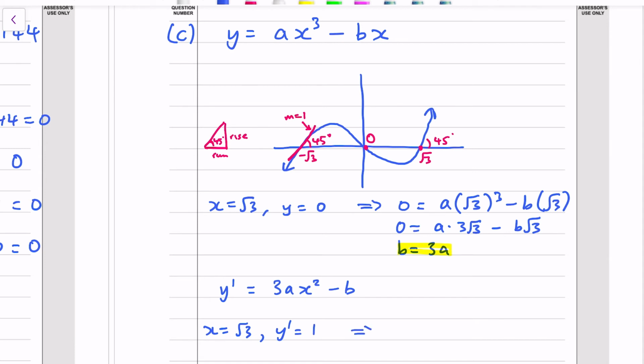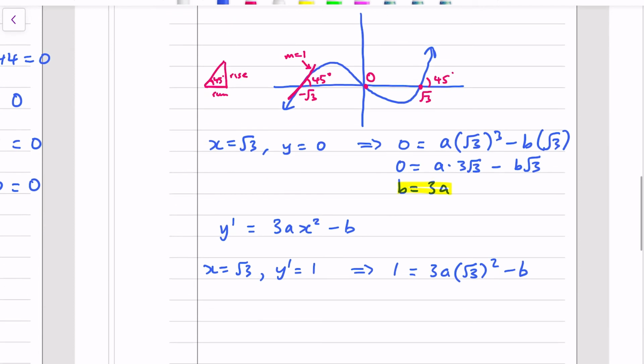So I get 1 equals 3a root 3 squared minus b, and that tells us that 9a minus b equals 1. Solve a simultaneous equation. You get a is 1/6 and b is equal to 1/2.